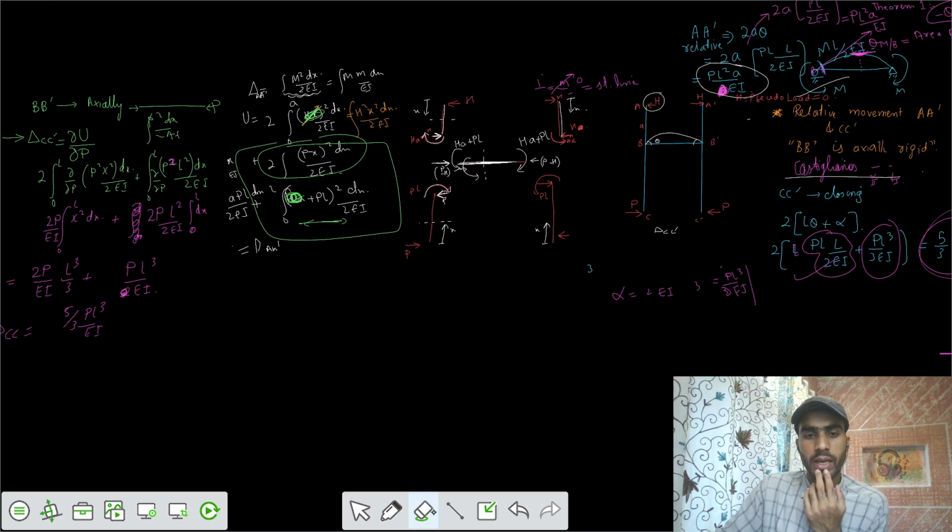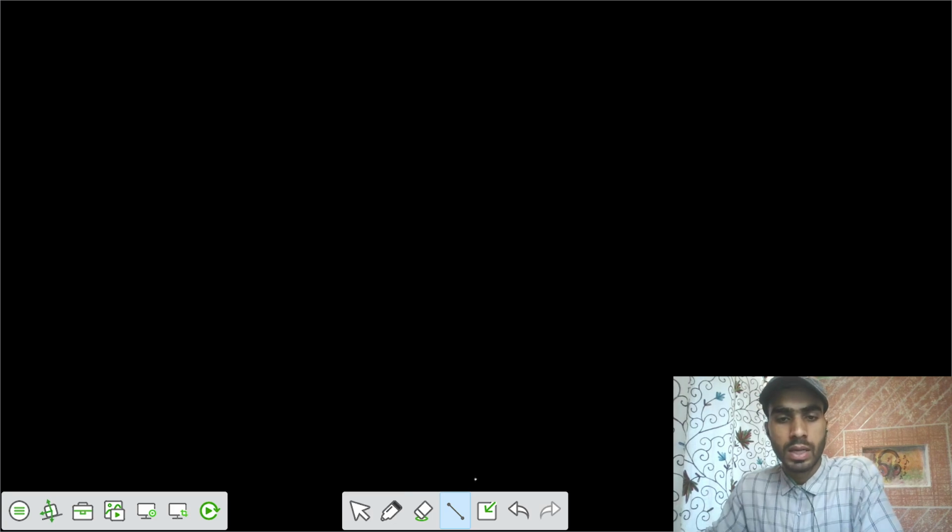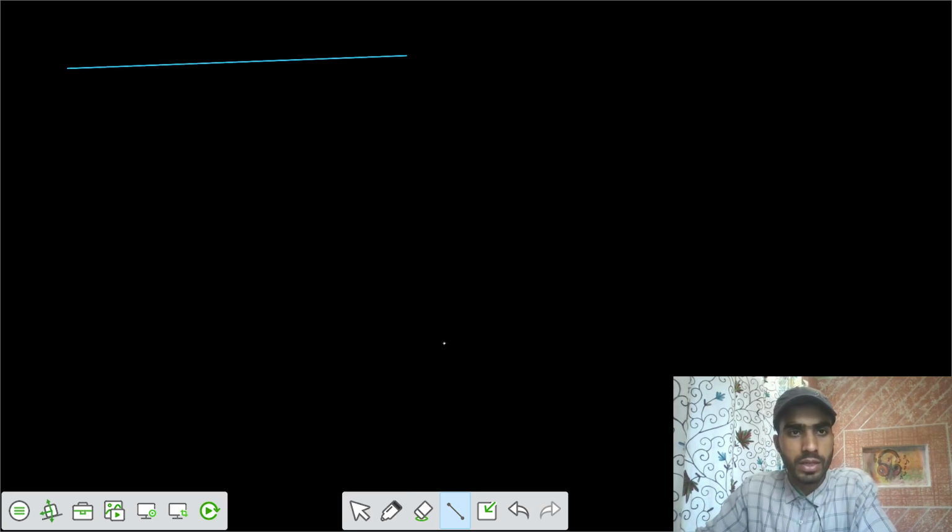By 3PL cube by EI. So let's have one more problem by using 2 different methods. We'll take one problem, a simply supported beam of length 6 meter, loaded symmetrically.